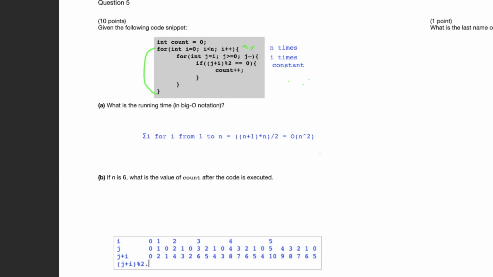So 0 mod 2 is 0, 2 mod 2 is 0, 1 mod 2 is 1, and so on.